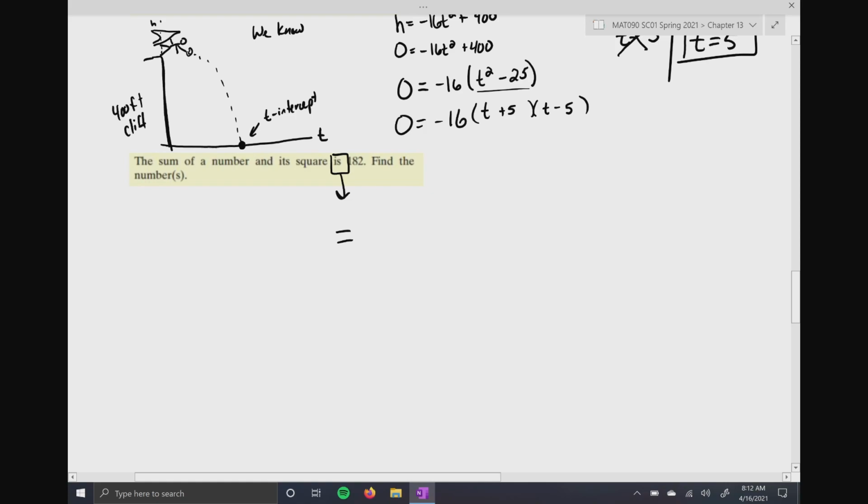Anything to the right, I'm going to label. Anything to the left, I have to figure out: the sum of a number and its square. I don't know what the number is, so I'm going to let x equal a number. Now, how would I write the sum of a number and its square?